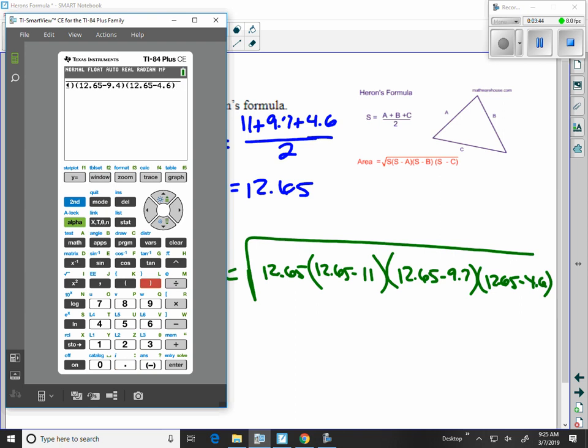Okay, now when you get done entering it, before you press enter, check what you put in. Okay, so if I go through, I want to make sure every number is correct. Does anybody see my error? 9.7. I did it on purpose to see if anybody would catch me. 9.7.